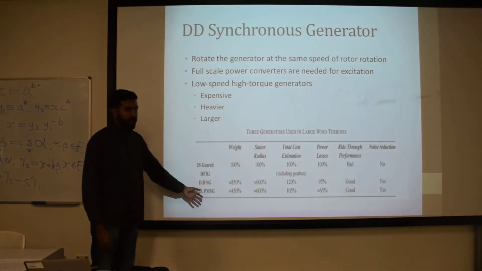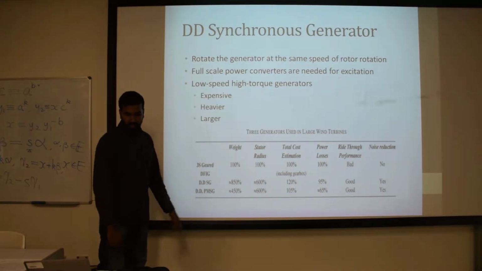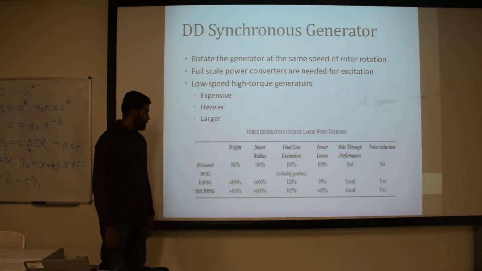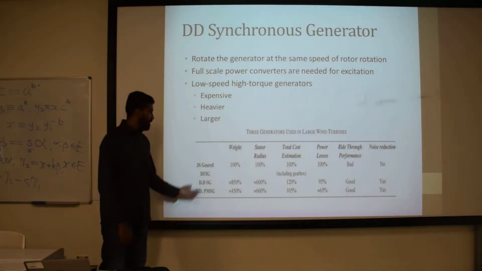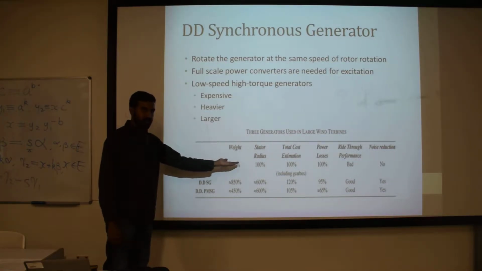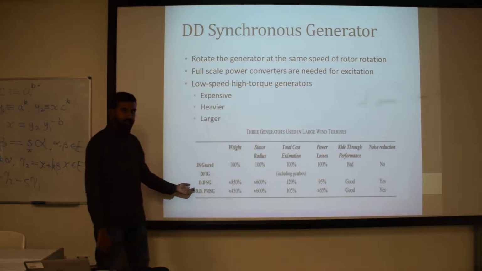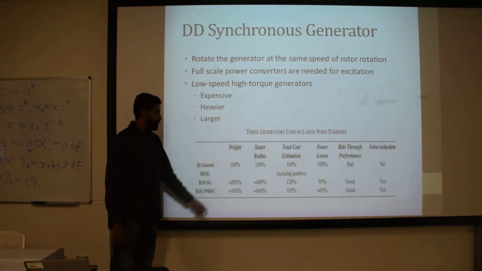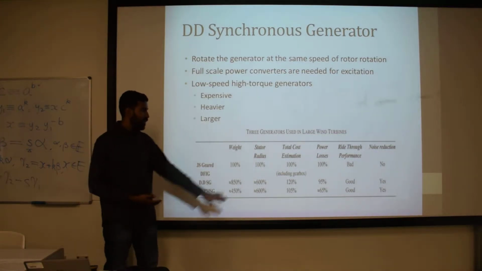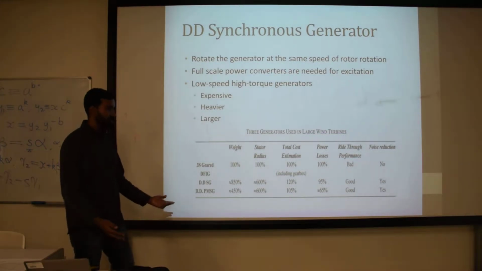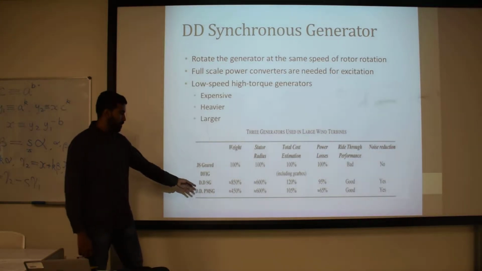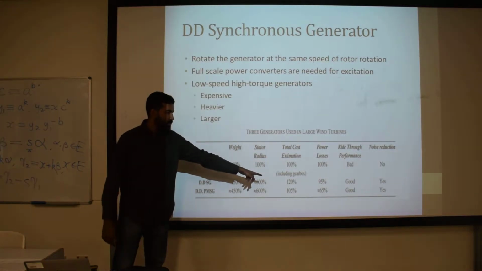If we take a look at this table, we can see that direct-driven synchronous generators and direct-driven permanent magnet synchronous generators are compared with the DFIGs. If we say the DFIG is a standard model and make everything 100%, we can see that the direct-driven synchronous generator is 850% heavier and also 600% larger in diameter, while all the others remain almost the same, except for the permanent magnet generator, where the power losses are at 65%.